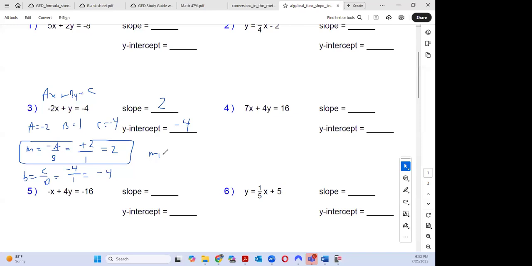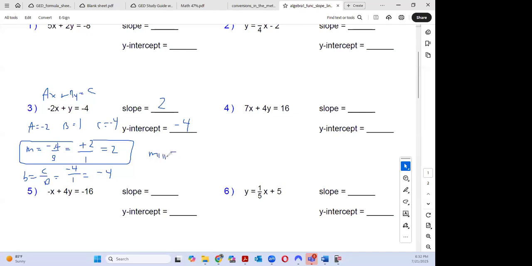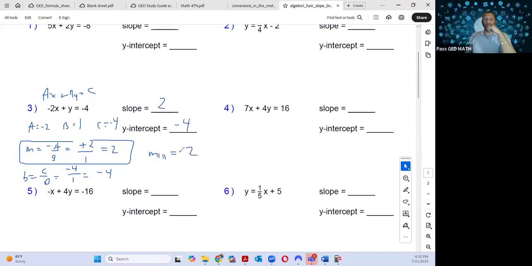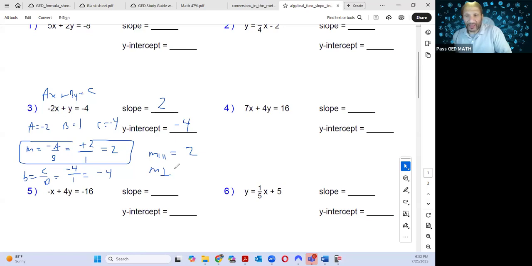Parallel lines have the same slope. So the slope of this line is 2. Any line that's parallel is also 2. For the slope of any line that's perpendicular, I've got to take the opposite: change my sign and flip.